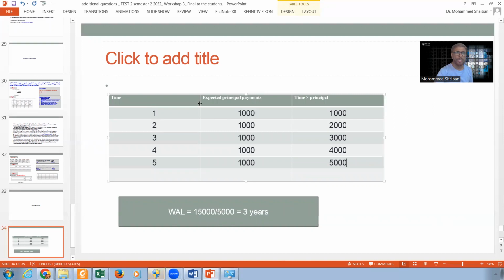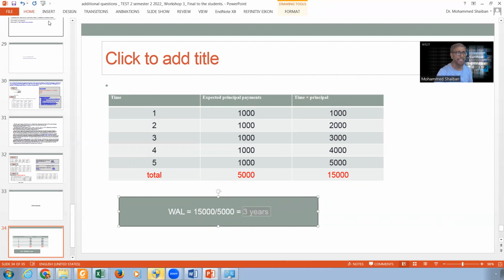Now, what we do is divide the total of this. If you take the total of the payments, you will find it to be 5,000, and this total is 15,000. So the WAL is 15,000 divided by 5,000, and you find it is 3 years.